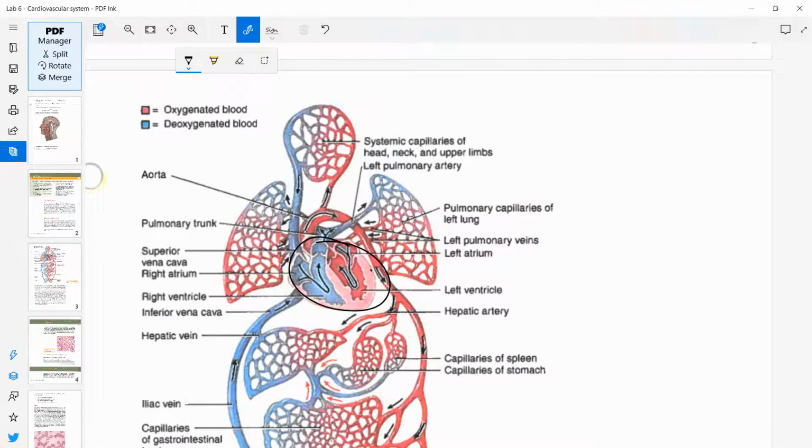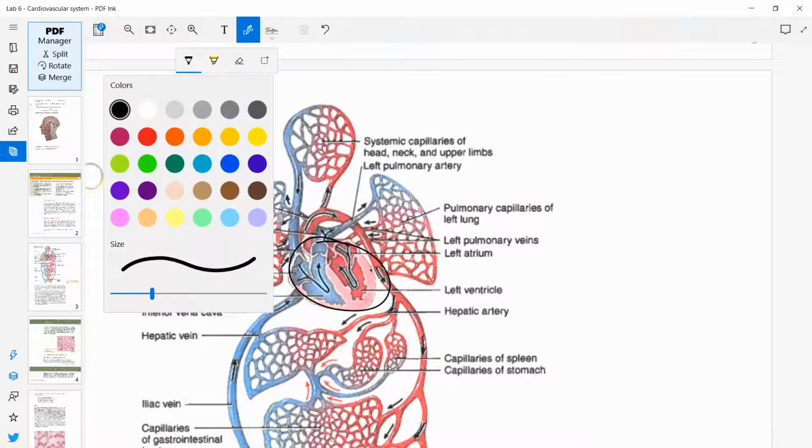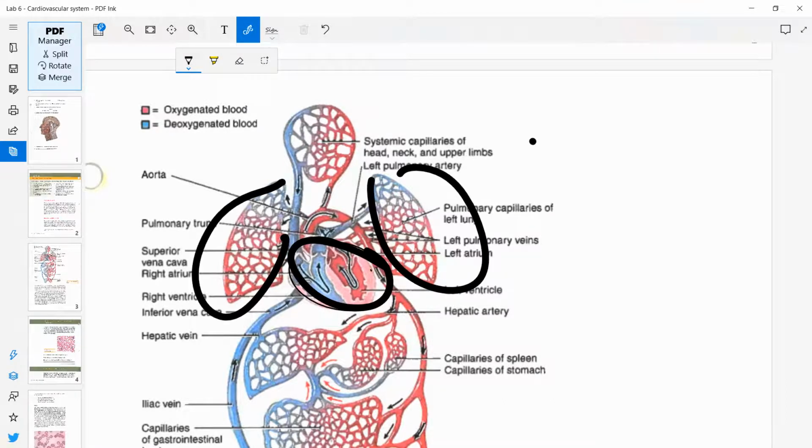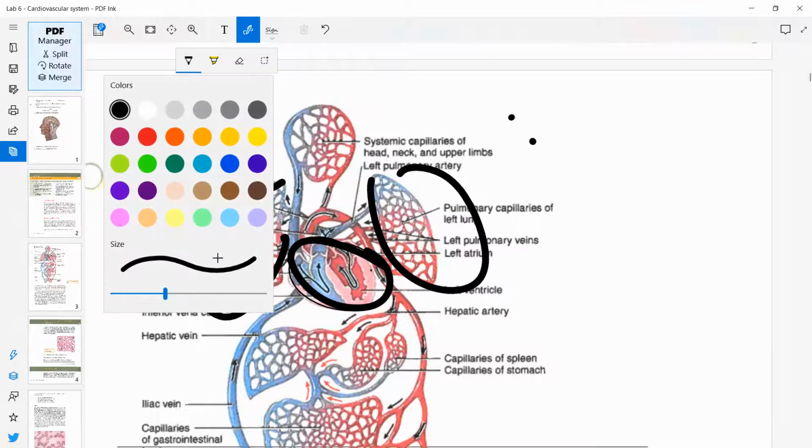Here's the heart. I'm going to make it slightly bigger. Yeah, that looks good. So heart right here. Pulmonary circuit. Let me make it a bit smaller.